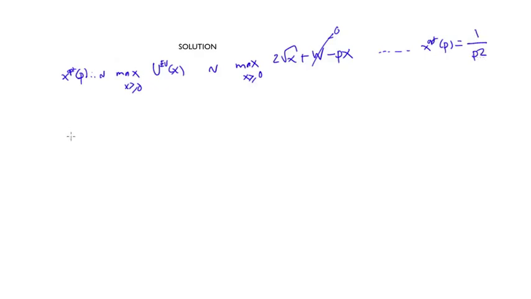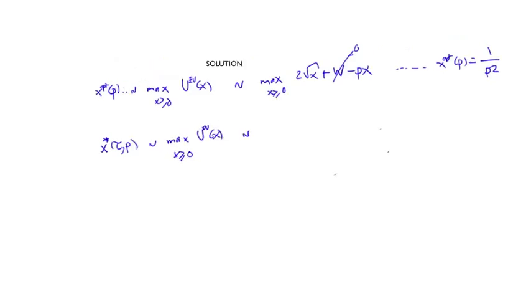Now, let's compute what is the behavior as a function of tau, and of course the price is p. So that is going to be equivalent to maximizing over x greater or equal than 0 the decision utility induced by x. Now, the key to solving the problem correctly is to specify carefully the maximization problem here.